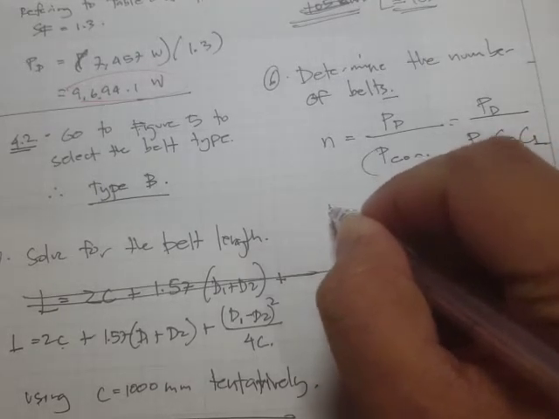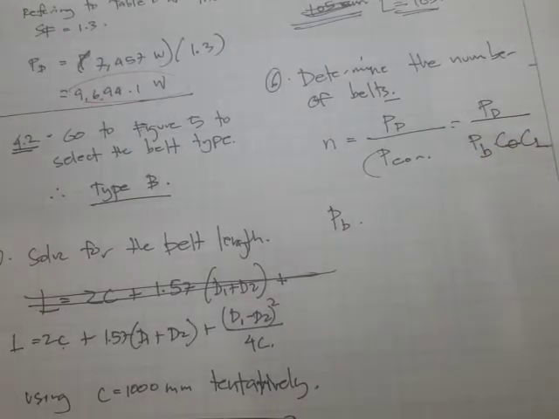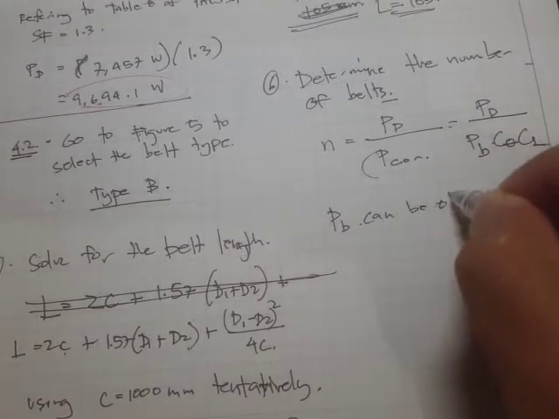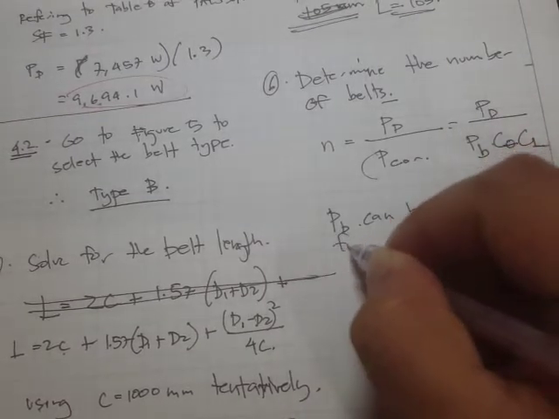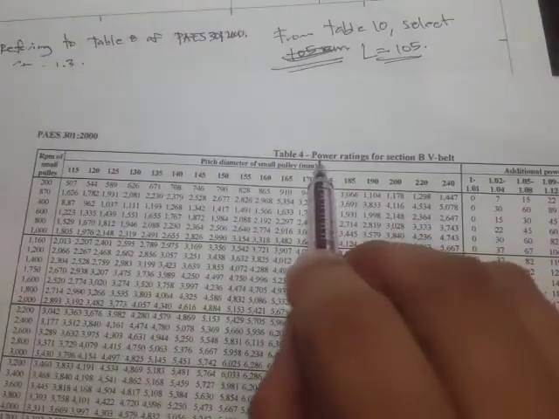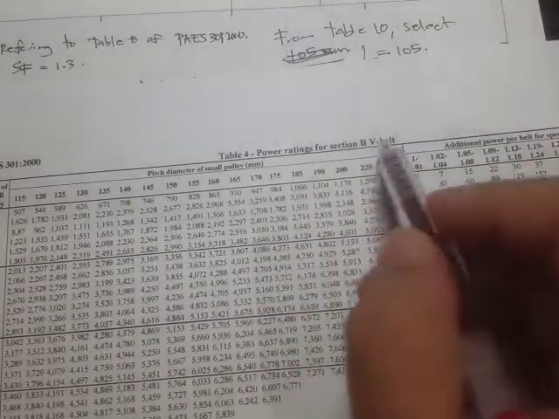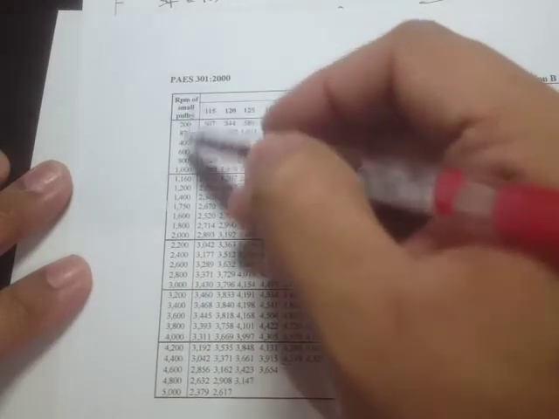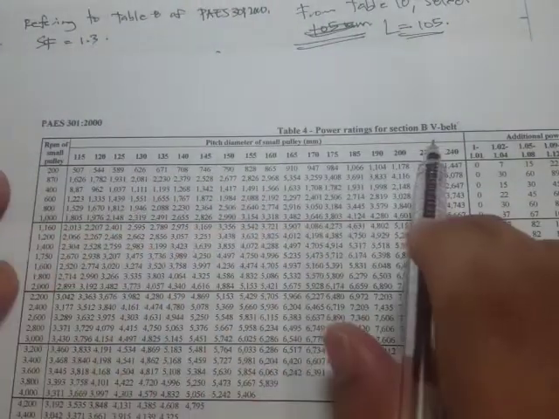Okay, so PB can be obtained from table 4. Okay, so here's our table 4. It says here power ratings for section B V belts, because we have computed that our belt type is a type B. You would notice right here in the first column that this is the RPM of the small pulley, and right here is the pitch diameter.